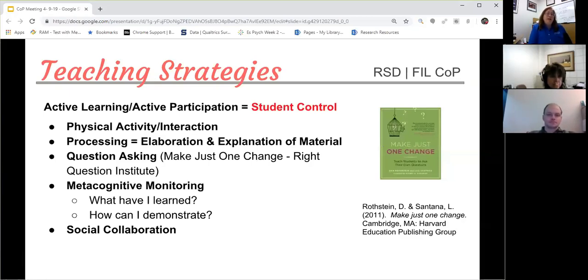Talking about metacognitive monitoring: what did you learn? How can you demonstrate that? And then some social collaboration. So those are active learning strategies that help teachers relinquish control and get students to actually process information and think about it at a deeper level.